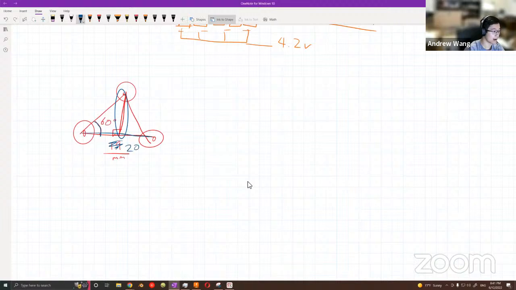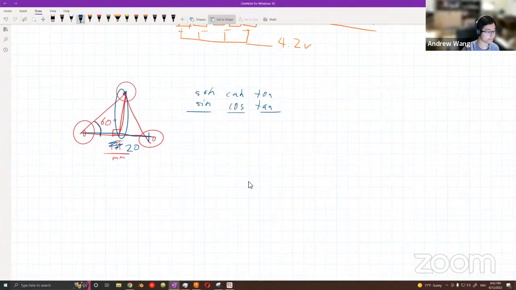Can anyone tell me how far up this top point is? As we remember, SOH CAH TOA, sine, cosine, tangent. Can anyone solve that for me really quick? You might need a calculator, but that's fine.